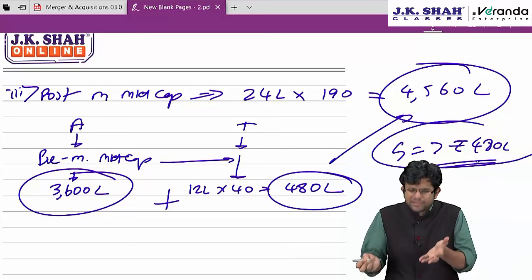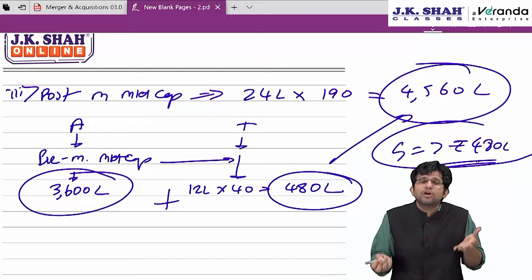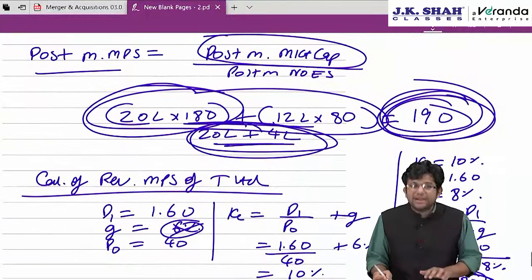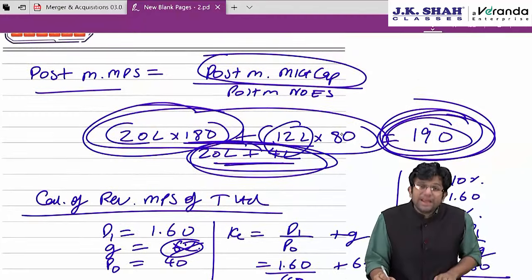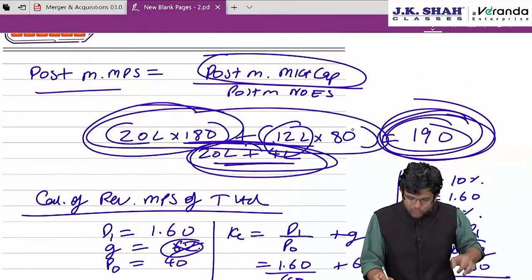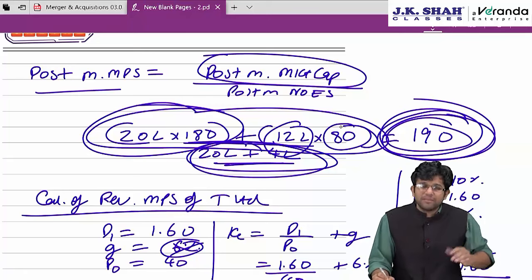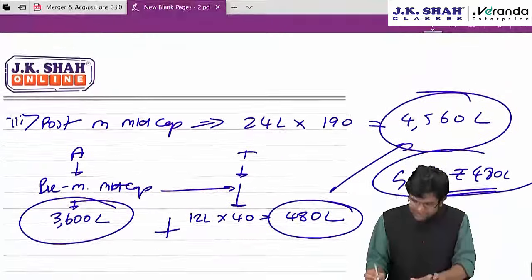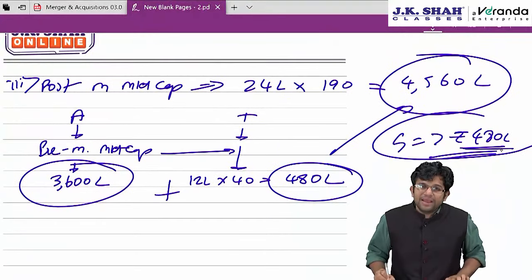Everybody following? And this is obviously happening only because of one reason. You know the reason. I'll tell you again, that reason is nothing but a 12 lakh into 40 worth company is now swelling up to a 12 lakh into 80 worth company. There is an increase of 12 lakh into 40. That is nothing but this increase of 480 lakhs.